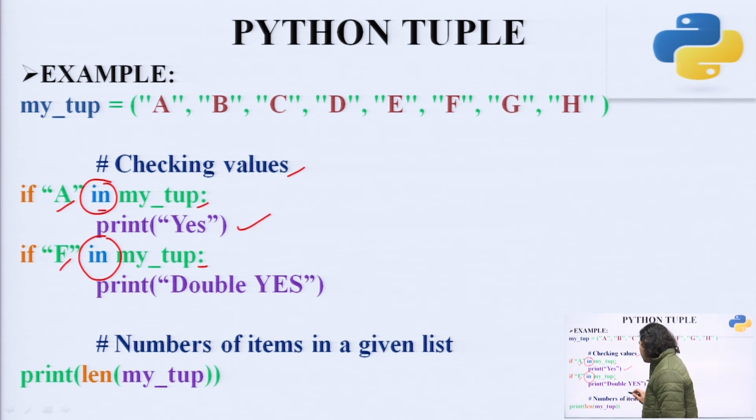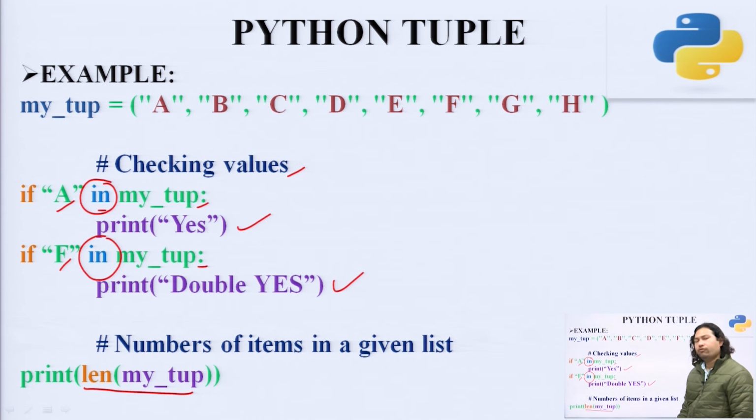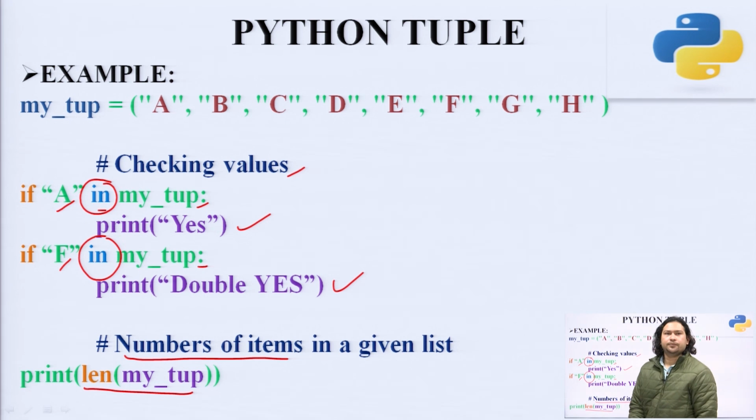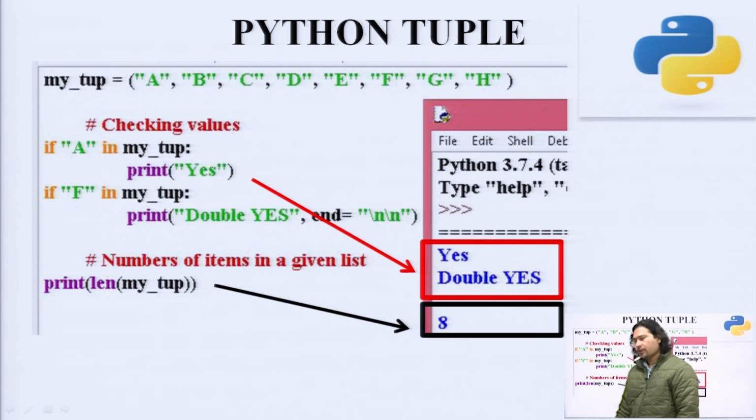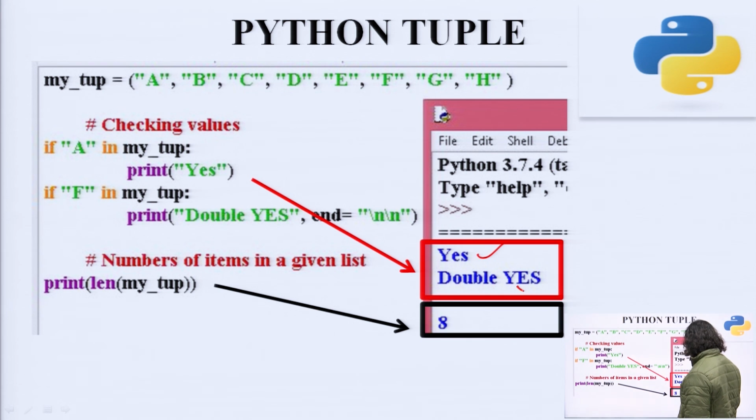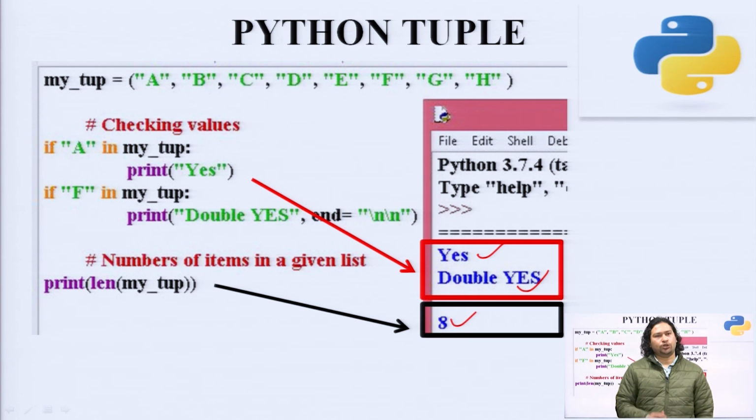If this condition holds true, you will get double yes. The last thing is, again we are going to use the len function to see what is the number of elements in your given tuple. The number of elements you can see is 8. So, both are getting yes, double yes and 8. That means, whatever we have explained is totally on the right track.